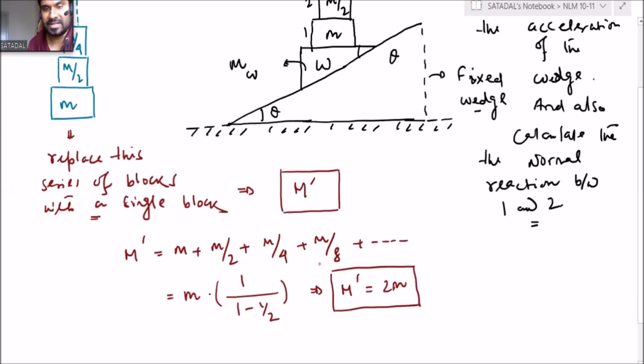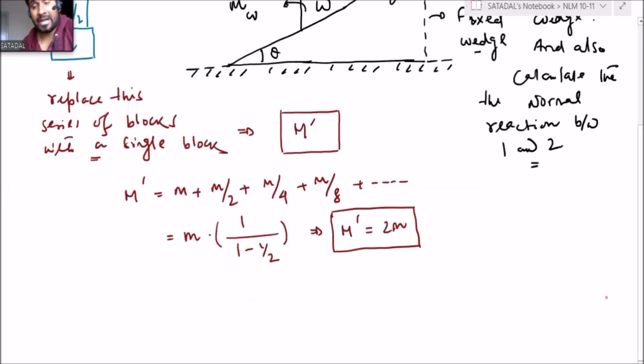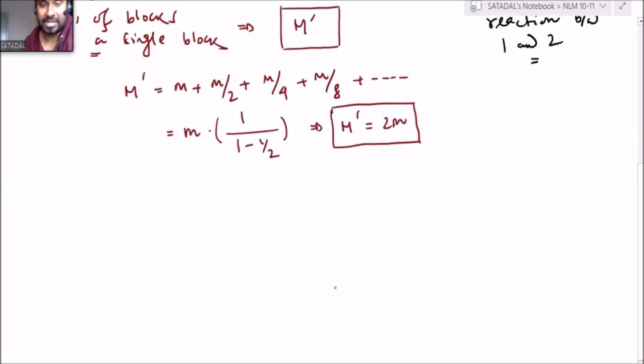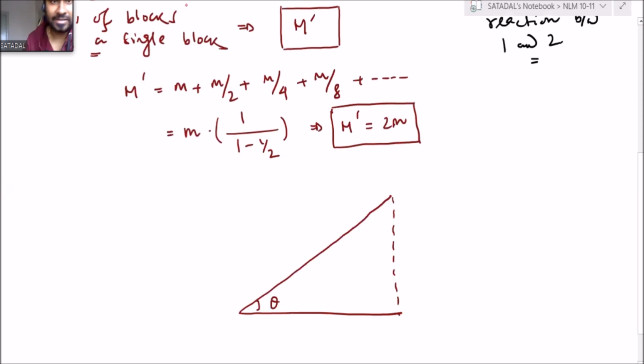That's what it is needed here. So now you redraw the diagram and try to figure out what can be the consequence of force or acceleration relation. So now here is the fixed wedge, the bigger one. This is theta.